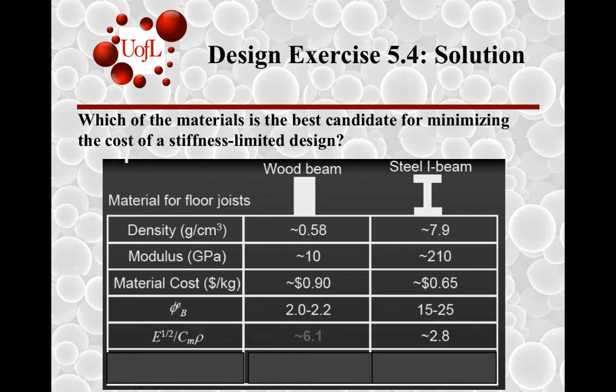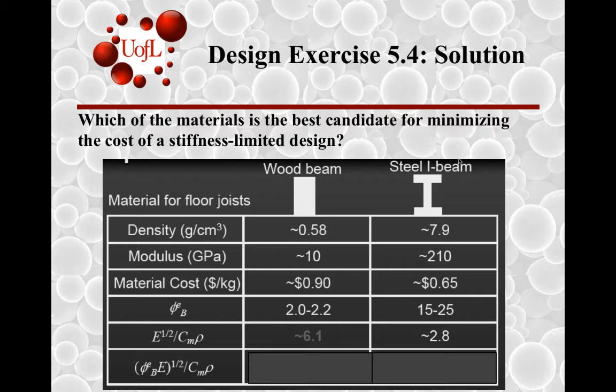For the steel I-beam, when you have the same shape, not as this wooden beam, so more like a rectangle, you would have 2.8 as this material index, which is lower than 6, and so you would say it's preferable to make the structure for that particular stiffness limited design by wood as opposed to the steel.